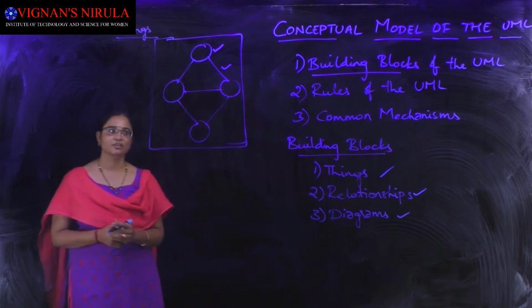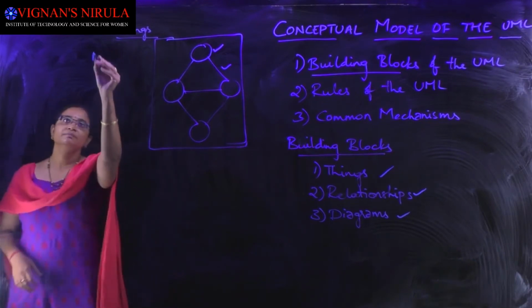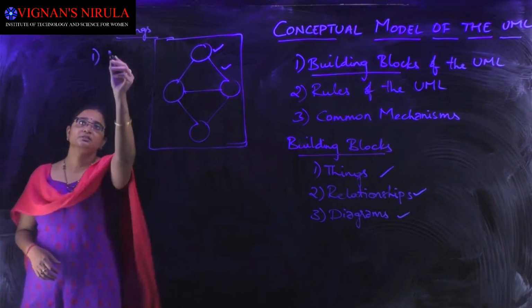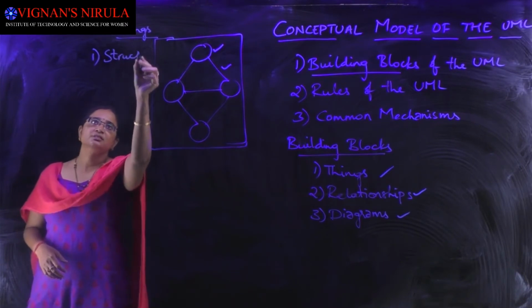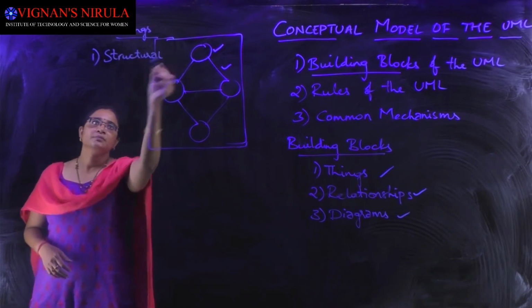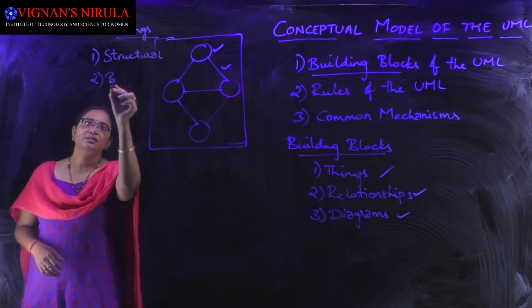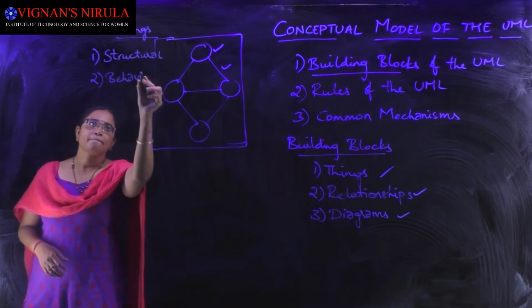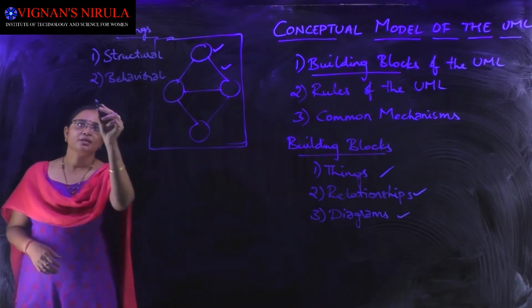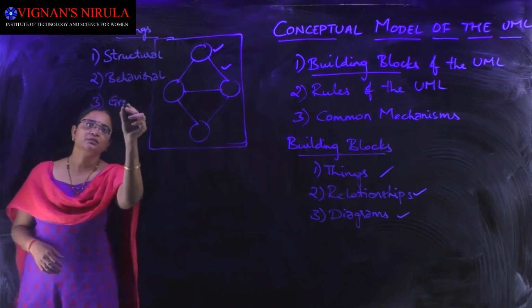Coming to the things of the UML. Here we are having four types of things. Those are structural things. Second one is behavioral things. Third one is grouping things.